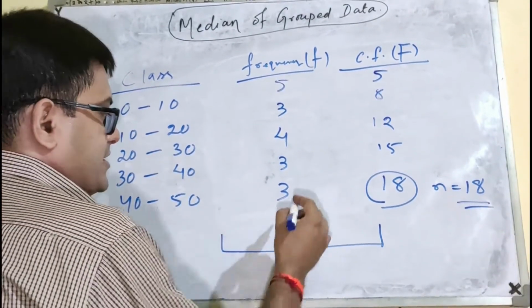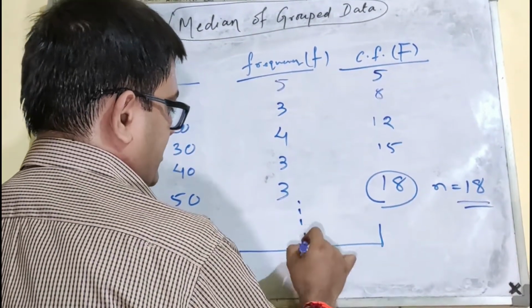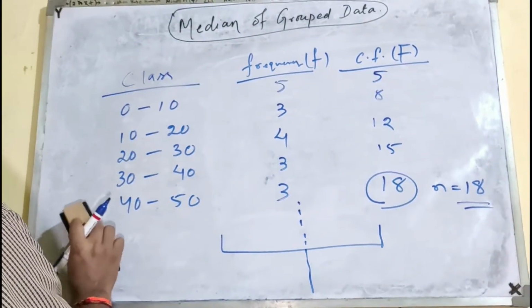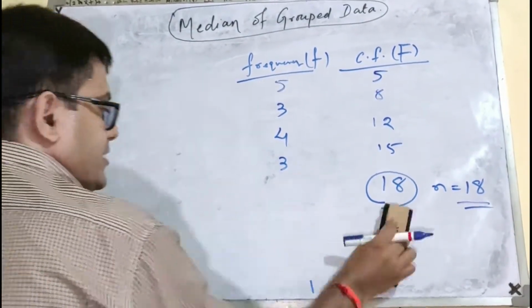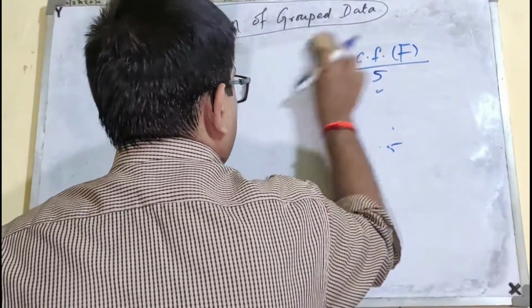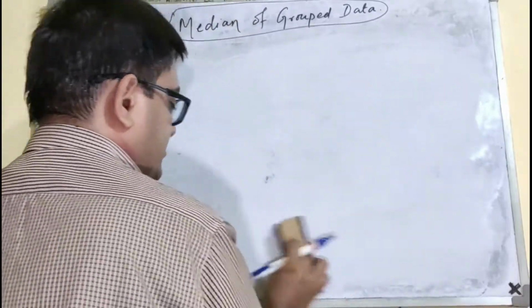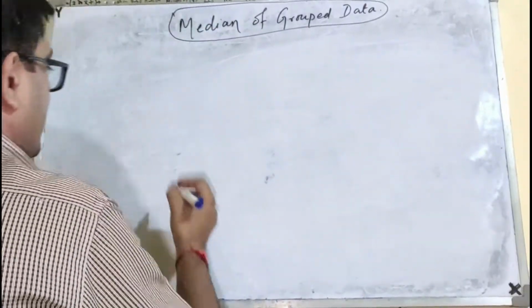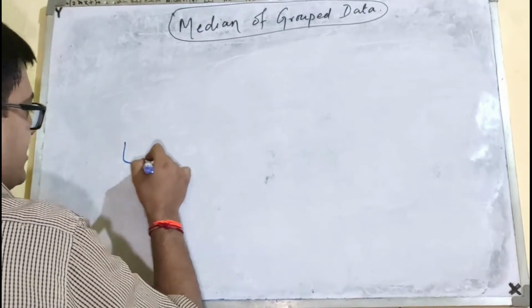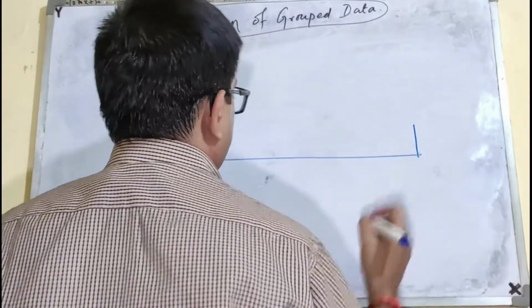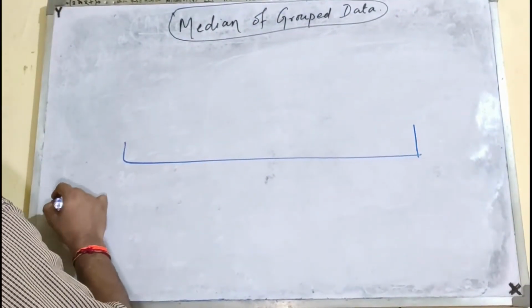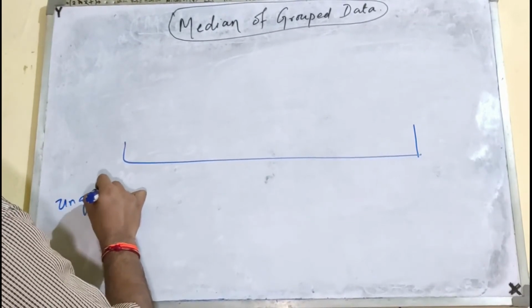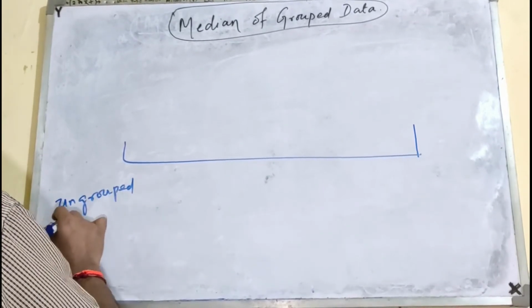In this, let's suppose there is a median. Let me just draw the thing out. Let me just enlarge it. Let's say this is the data set which is ungrouped. Assumption.